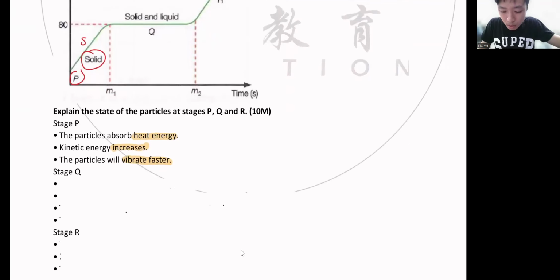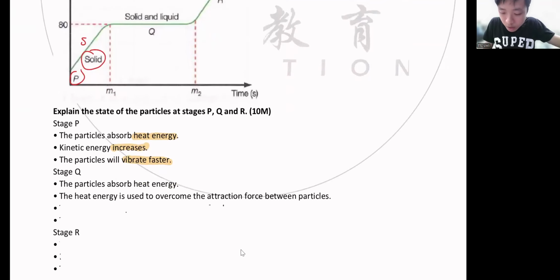Then stage Q will absorb heat energy, but notice the temperature is constant. So the heat energy will not be used to increase the temperature, but to change the physical state of solid turning to liquid.